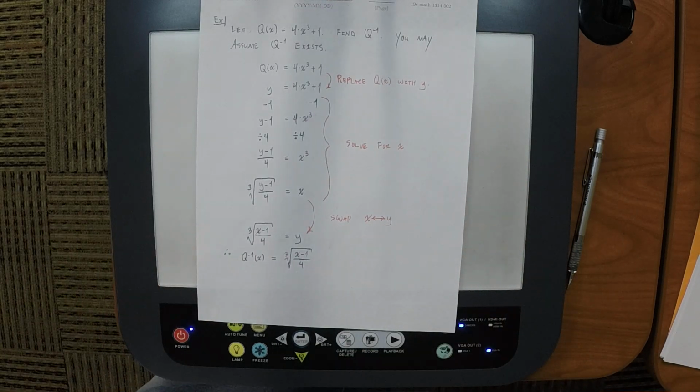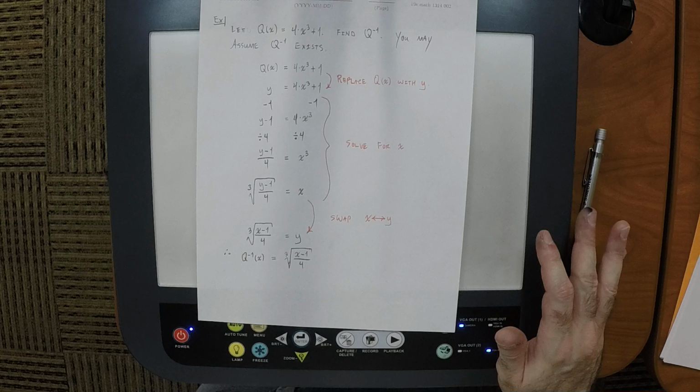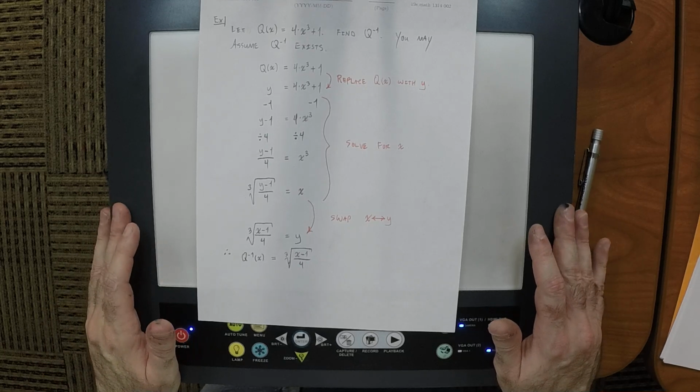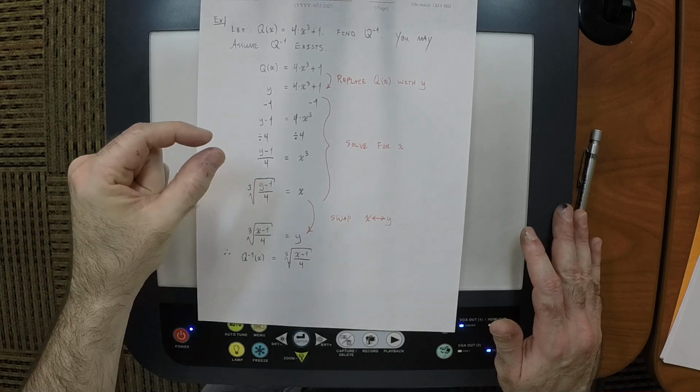But on the other hand, if I came to you and said, here's a 4, the number 4, how do you find its additive inverse? It takes a little bit of work, not much. So what is the additive inverse of 4? Negative 4, right? So that was just a little bit of work.